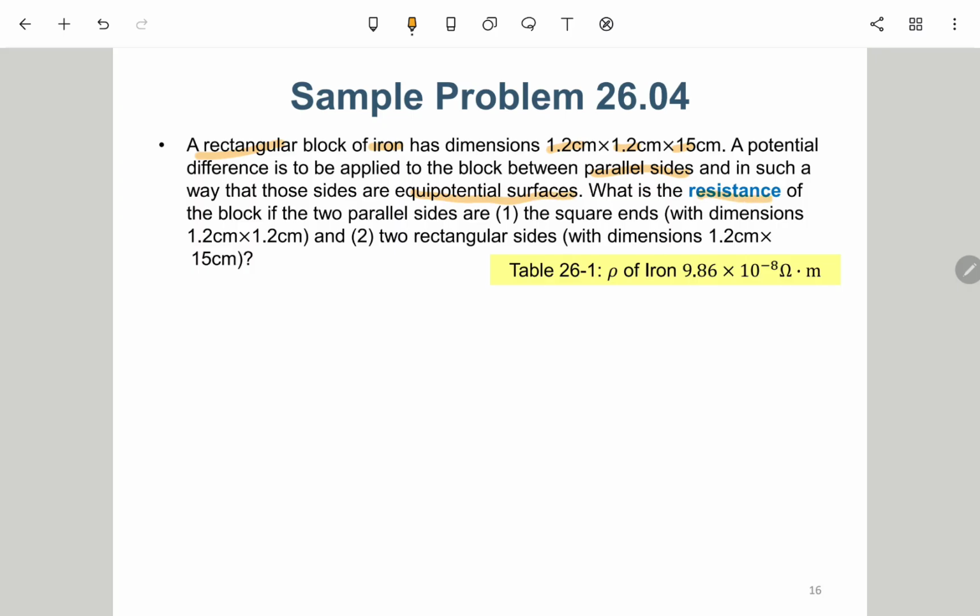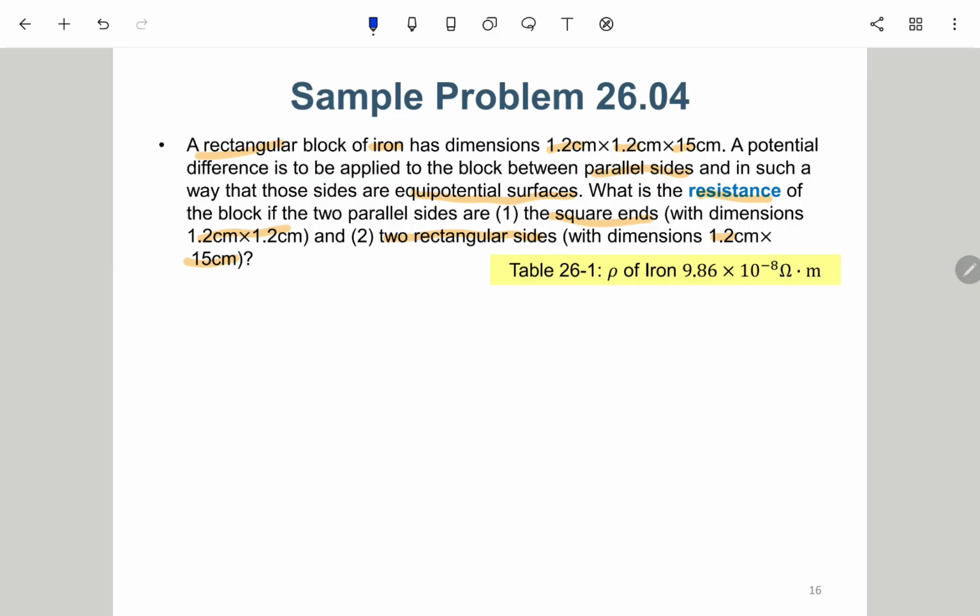What is the resistance of the block if the two parallel sides are the two square ends with dimensions 1.2 times 1.2 centimeters? And the second case is the two rectangular sides, with dimensions 1.2 times 15 centimeters.